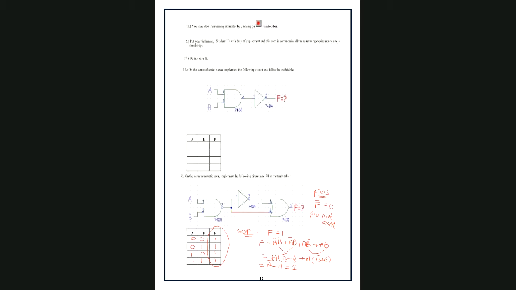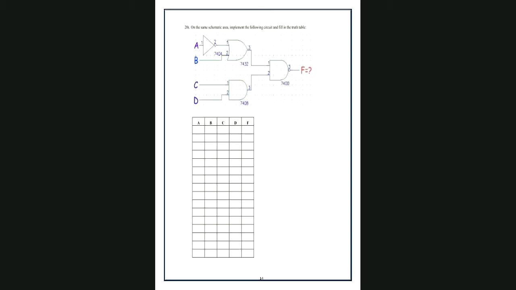Okay. Now let's move to the next part, which is the last part. Now, this you have to do on your own because I have shown you all this. What you have to do is this. There are 4 inputs now.